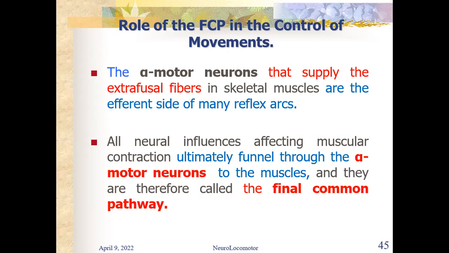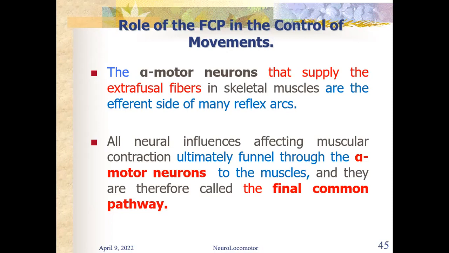So all neural influences affecting muscular contraction are ultimately funneled through the alpha motor neurons to the muscles. All the inputs coming from the higher centers, be it extrapyramidal, pyramidal, corticobulbar, or corticospinal, are funneled through the alpha motor neurons.